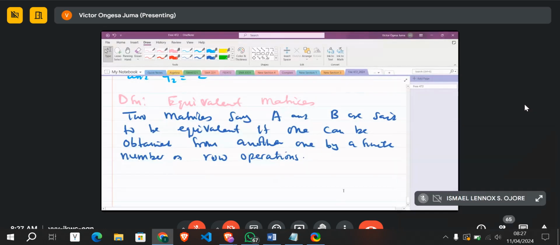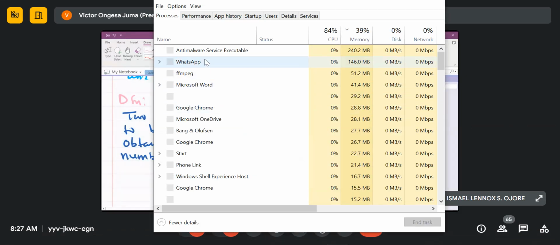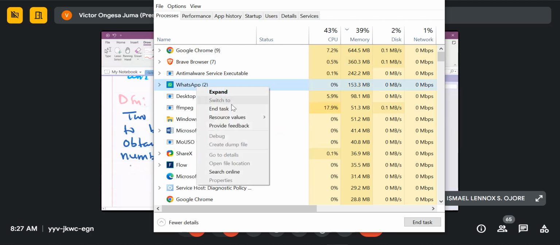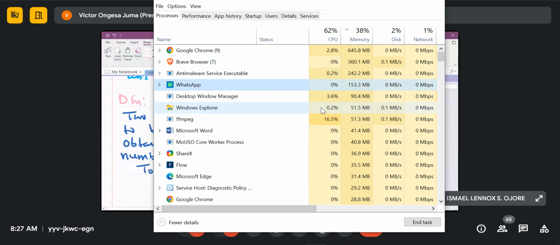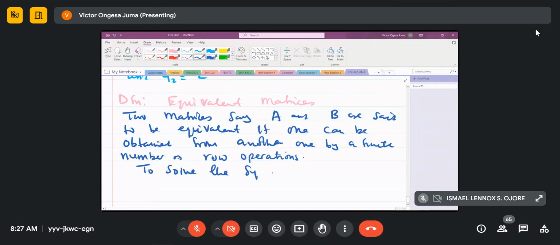So what's the procedure of solving a system of equations by Gaussian elimination method? And then I can say here that, to solve the system Ax is equal to B by Gaussian elimination method, let me write it as GEM. When I write GEM, I mean the Gaussian elimination method.